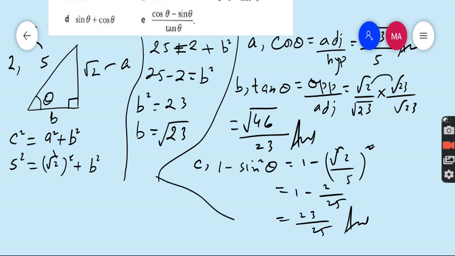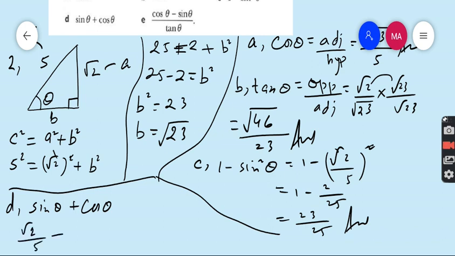So 23 upon 25 is our final answer of part C. Part D, sine theta plus cos theta. Sine theta is given in the question, root 2 over 5, plus cos theta we found in part A, root 23 upon 5. If you take the LCM, 5 cancels to 5, root 2 plus root 23. So our final answer is root 2 plus root 23 upon 5. This is the answer of part D.